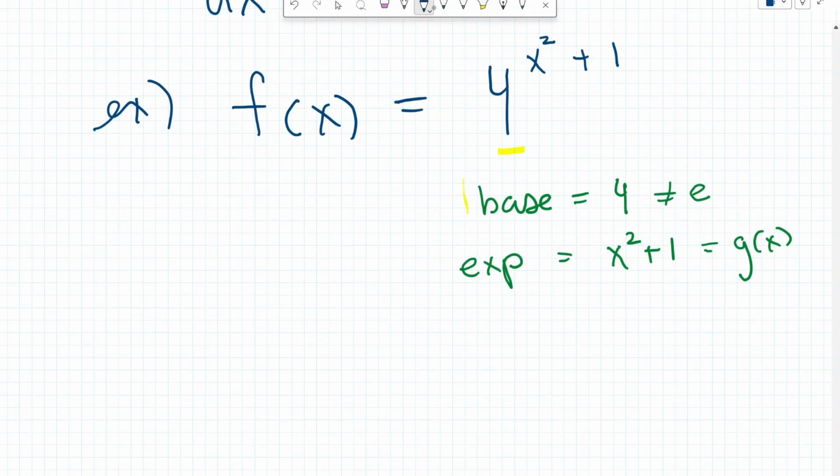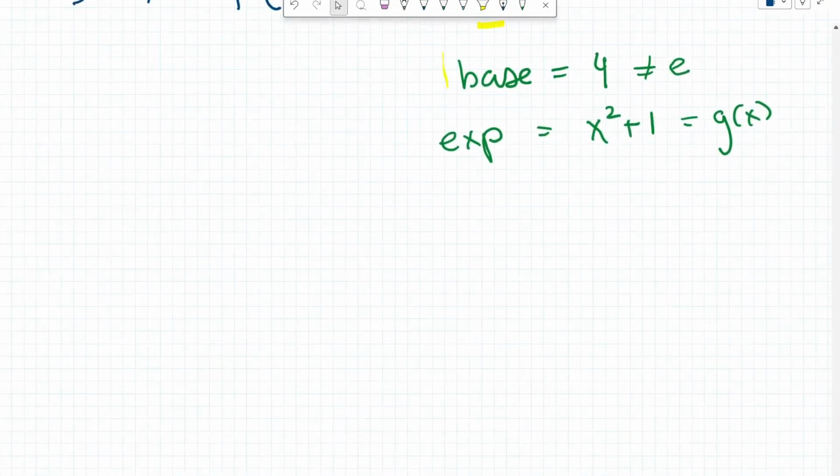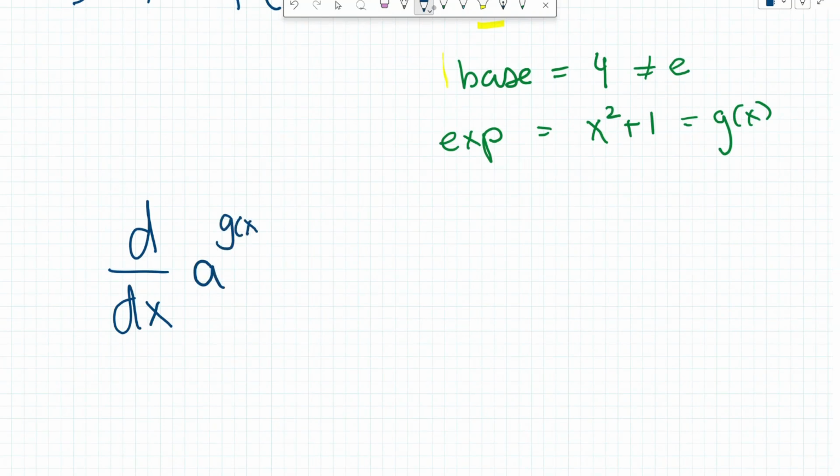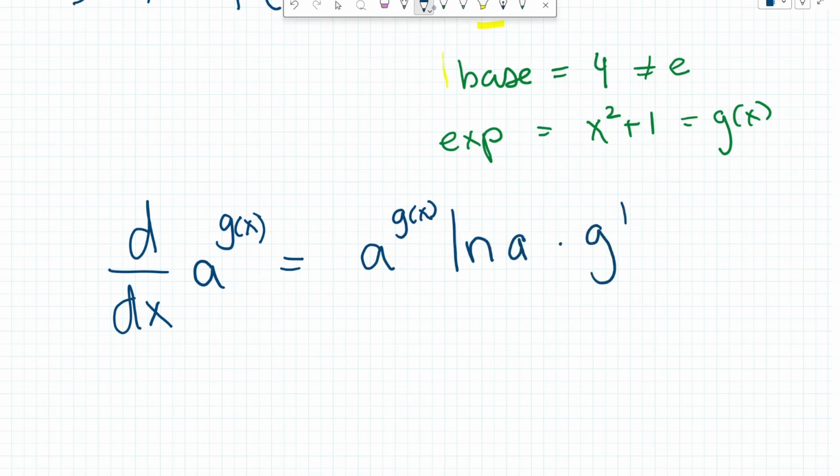The second formula I showed you is the derivative with respect to x of a to the power of g of x. We've identified it's this case with an arbitrary base, and it's altogether a composite function. So this equals a to the power of g of x multiplied by ln a multiplied by g prime of x.